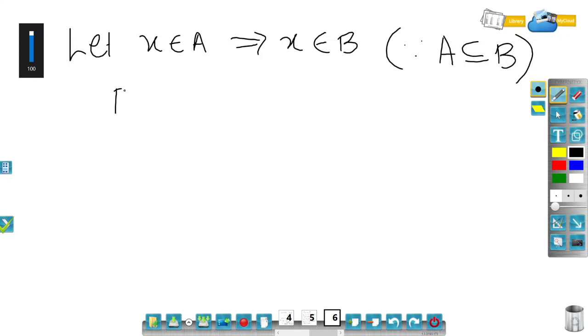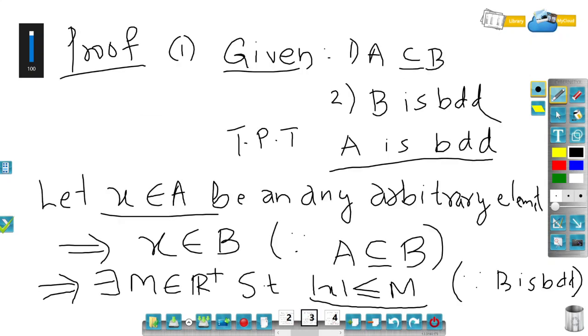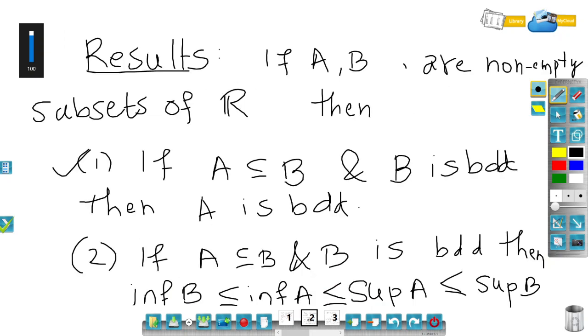But we know that B is bounded. I hope it is given in the statement. Let's see. Yeah, I said that A is a subset of B and B is bounded.